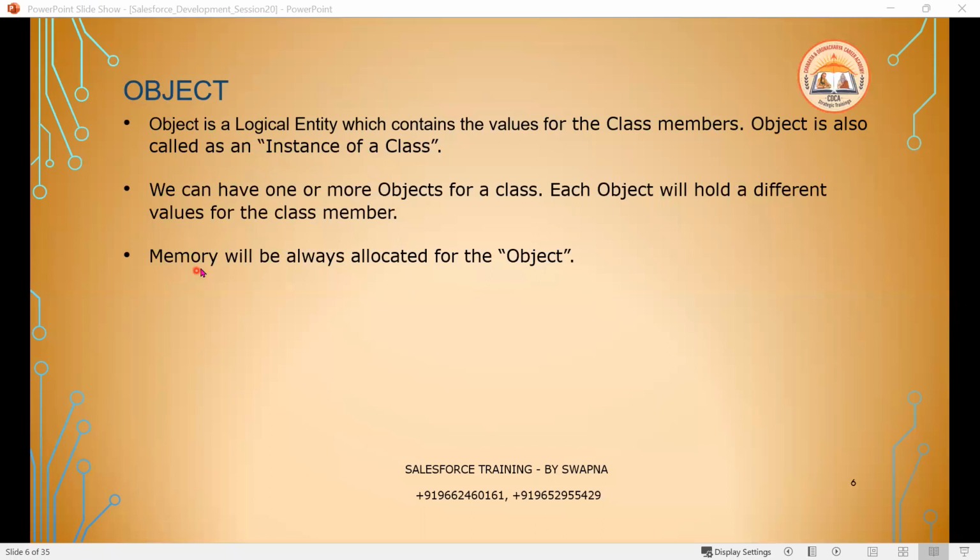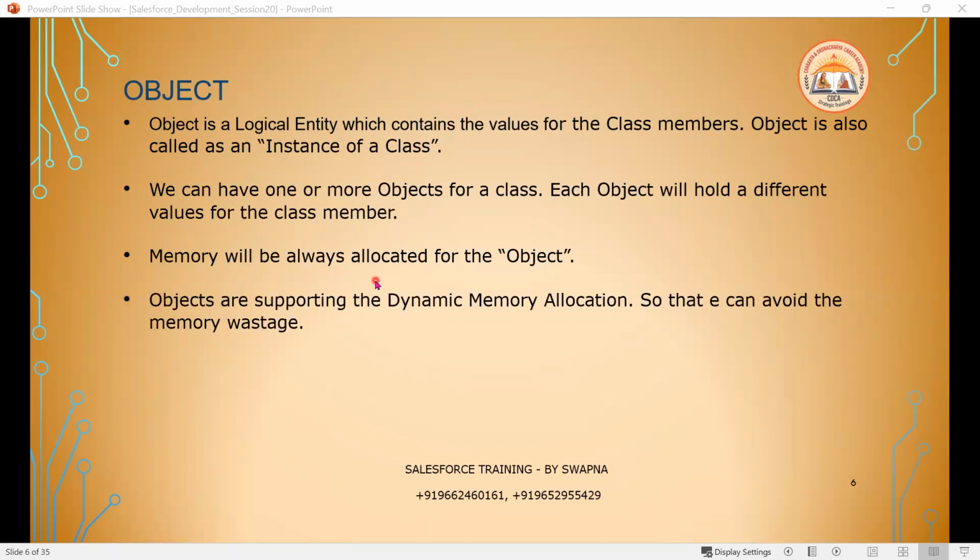As I explained, memory will be allocated for each object. Objects support dynamic memory allocation so that we can avoid memory wastage. That means whenever you assign a value to the variable, only at that time is memory allocated.